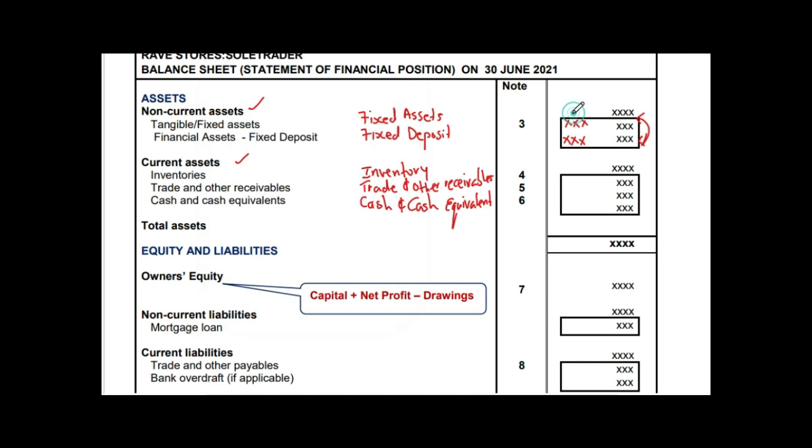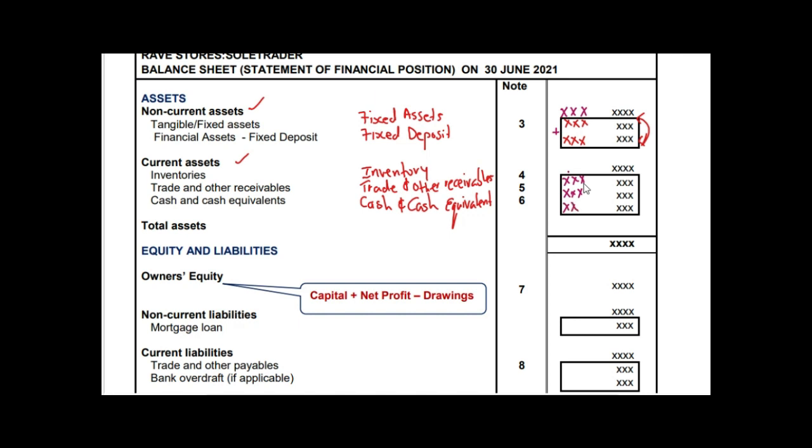Meaning these two will be equal to our non-current asset. And then guys, same thing under current asset, we'll have our inventories recorded here, and then our trade and other receivables will be recorded there.